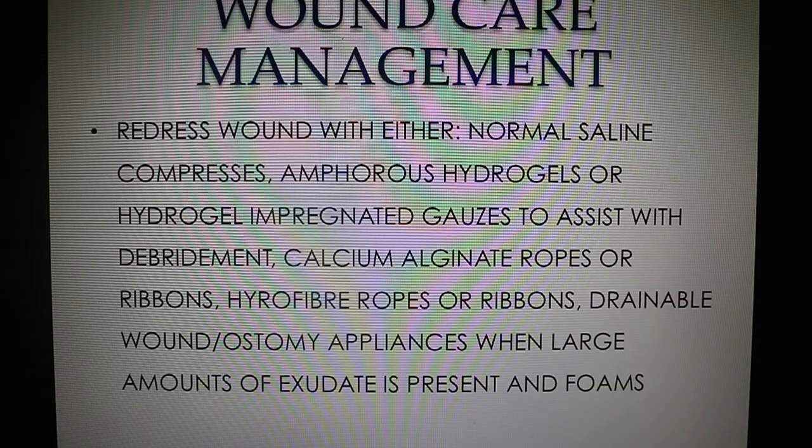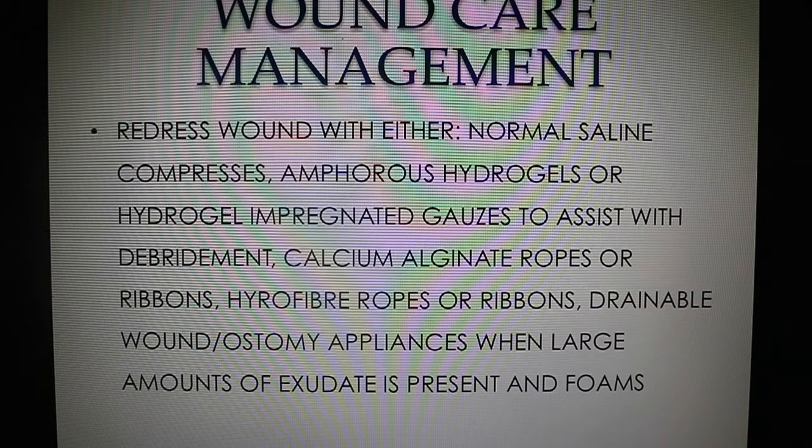So for this wound, we look at what dressings we would use for a wound of delayed primary intention. Things such as normal saline compress, amorphous hydrogels and hydrogel impregnated gauzes to assist with further debridement, calcium alginate ropes or ribbons, hydrofiber ropes or ribbons, drainable wound ostomy appliances when there are larger amounts of exudate present, and things like foam.